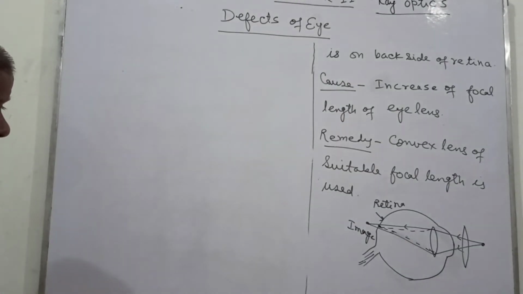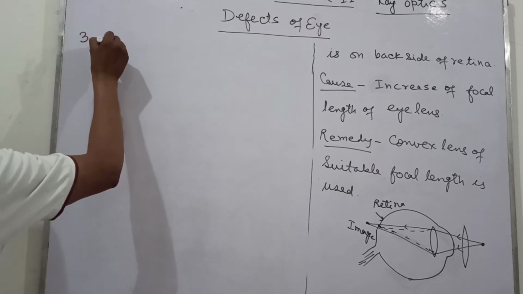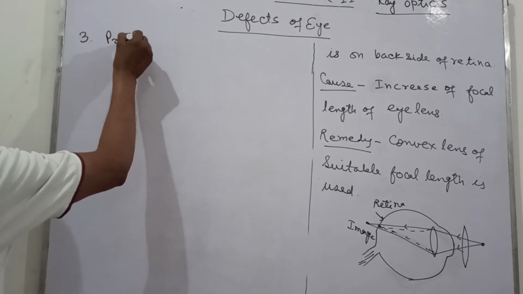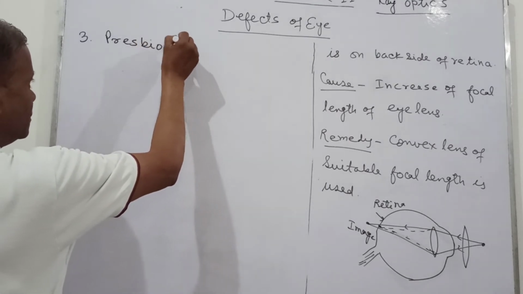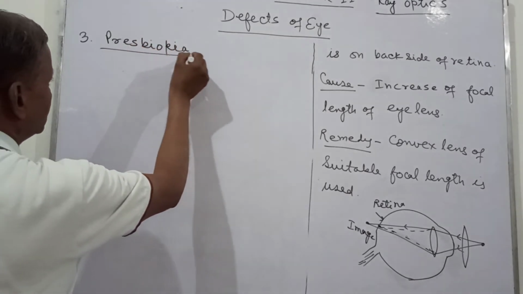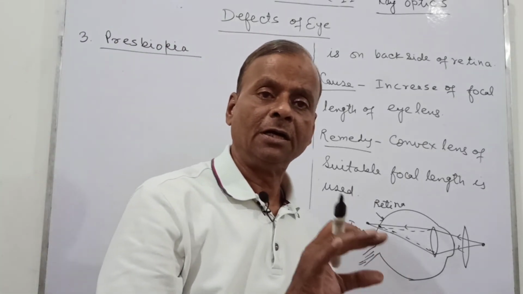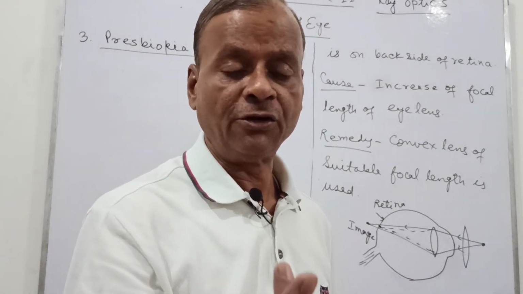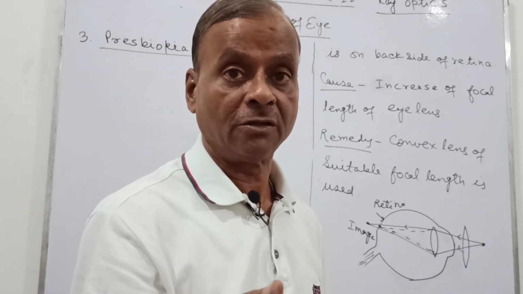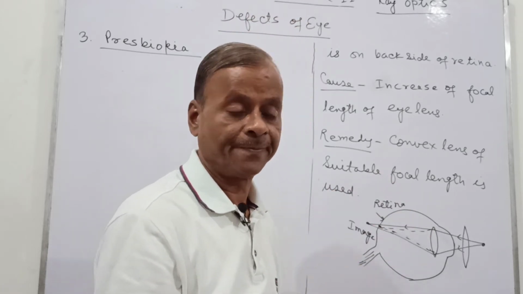And now the third defect is presbyopia. Presbyopia. तो presbyopia में क्या होता है कि the objects which are near or away from the eye are not clearly visible. So both kinds of the myopia and hypermetropia are present in this case.